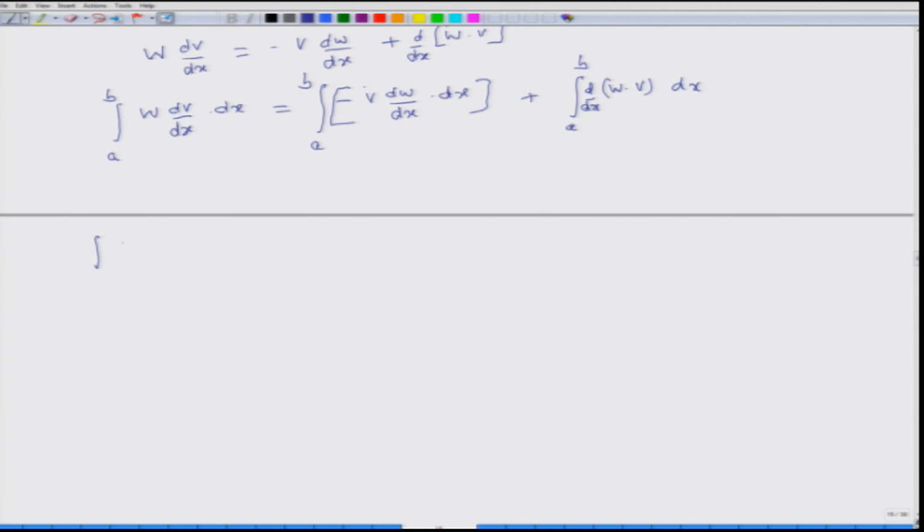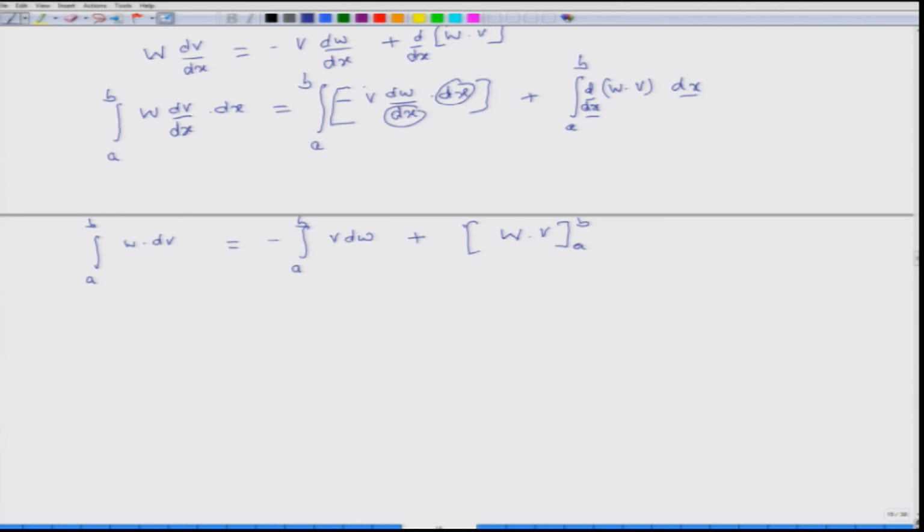So, this is w times dv, integral from a to b, and this equals, so this dx and dx they can cancel each other. So, I get basically integral a to b of v dw plus again this dx and dx they cancel, and essentially when I integrate this I get w times v from a to b.